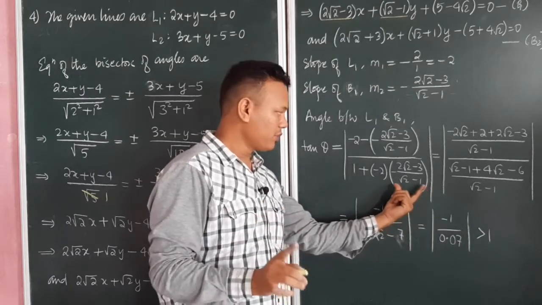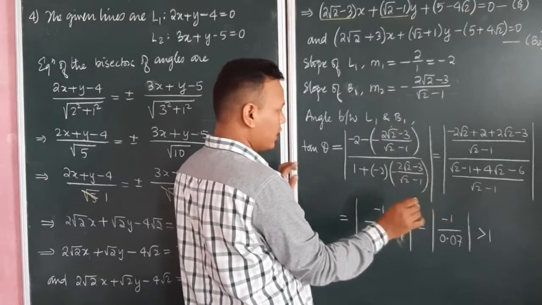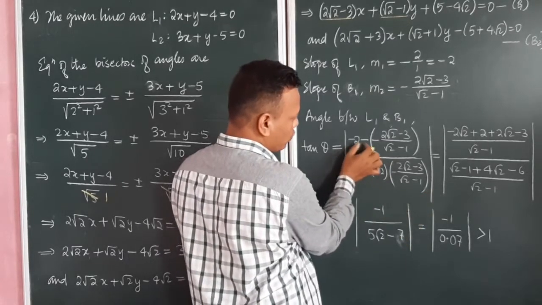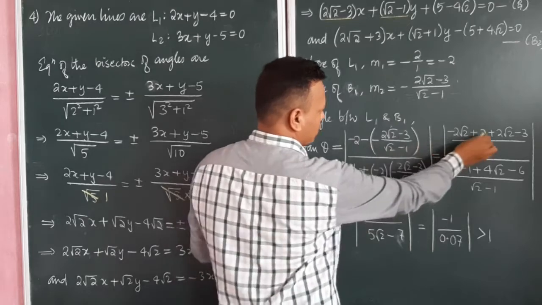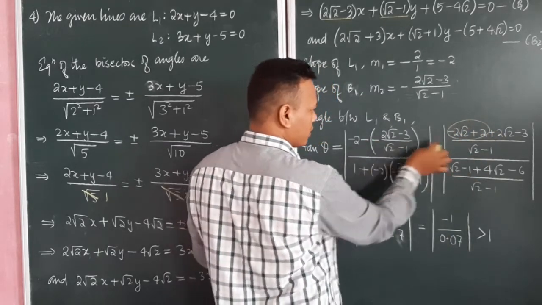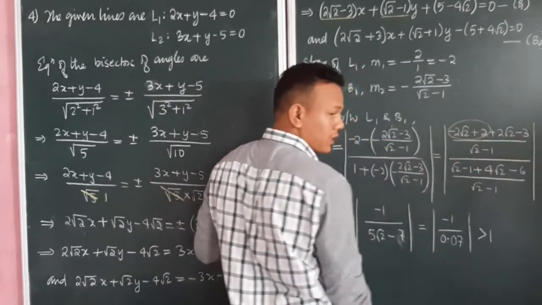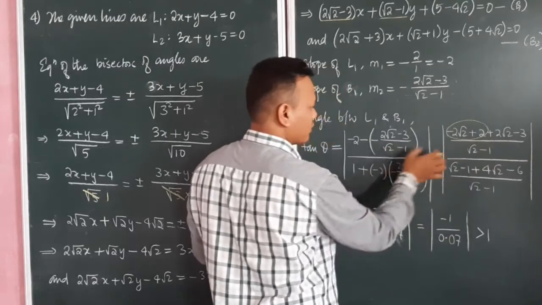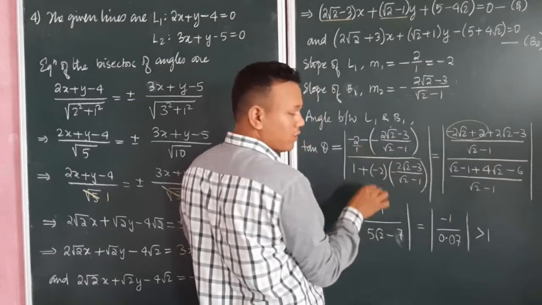Okay, so let's see the simplification part here. Minus into minus becomes plus. So we have minus 2 into this. Minus 2 into this becomes this much, isn't it? Minus into minus becomes plus, so that's why I've written plus. So we have 2 root 2 minus 3 whole divided by this. Basically this is your LCM. Here we have got divided by 1.